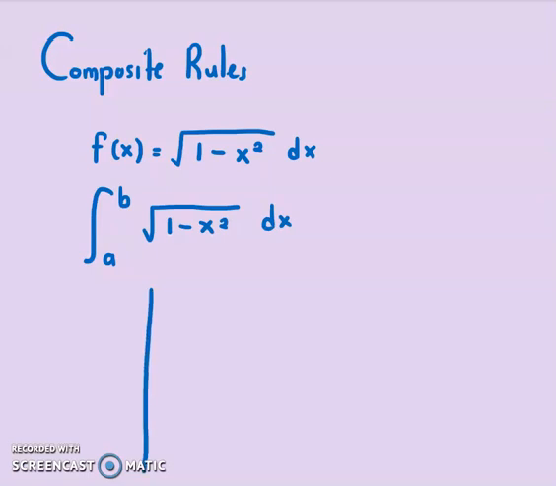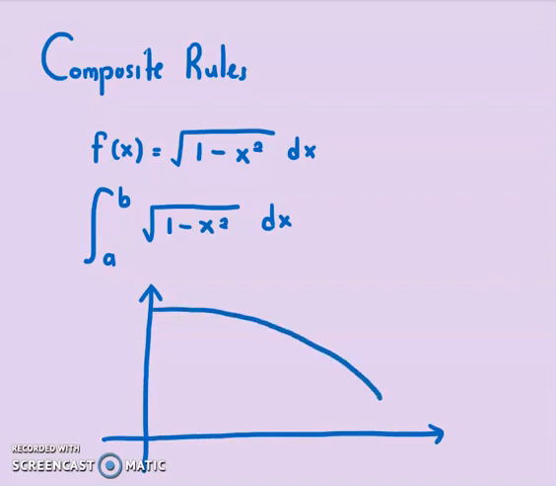Now, integration here means finding the area under the curve. Let's say this is the function you have, my f(x). I've shown you if we're using the trapezoidal rule, we can find the area over the interval AB.